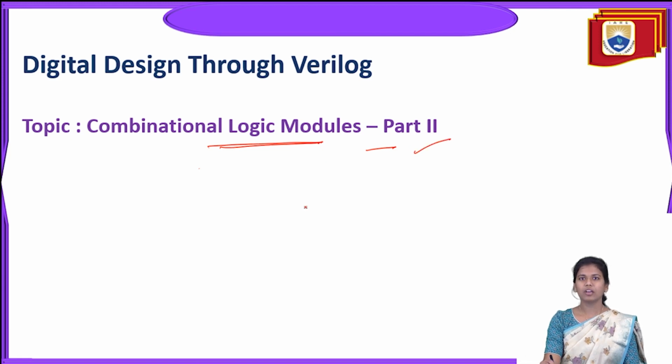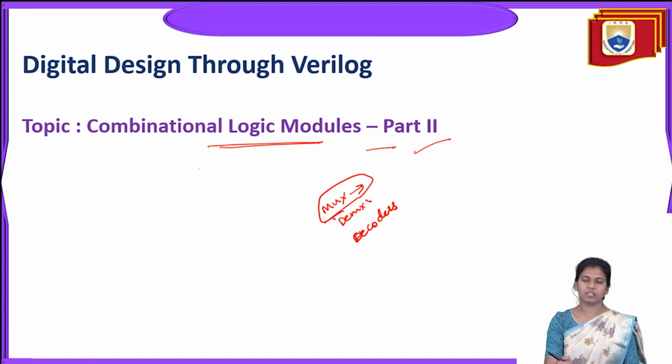In part 1, we discussed different logical circuits at the gate level. The circuits we discussed in the last class were multiplexer, demultiplexer and decoders. We discussed gate level modeling by considering all these combinational logic circuits.